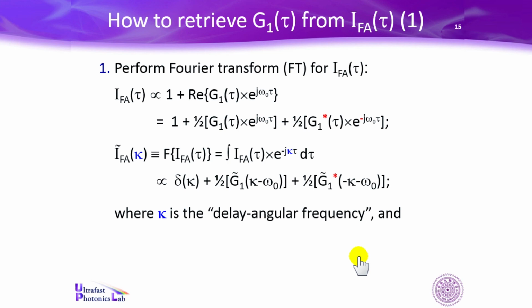And here is a reminder: kappa is the delay angular frequency. Angular frequency is symbolized as omega, but it comes from the variable delay tau, so it's called delay angular frequency. The definition of the G1 tilde function is the Fourier transform of G1. So this is step one, performing Fourier transform.